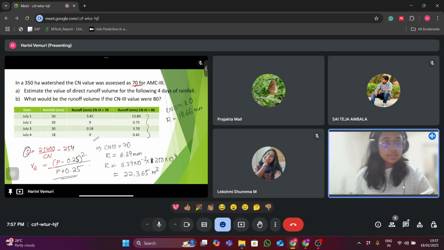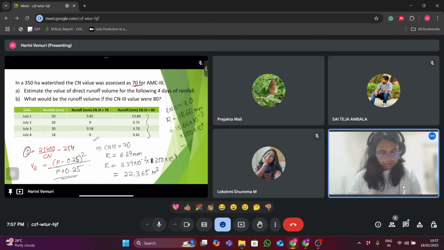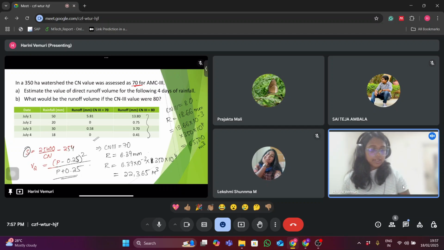So we can see that as CN value is increasing, the runoff amount is also increasing. To convert into volume, we have to multiply by area. So this will be our answers, the runoff volume for different CN values.